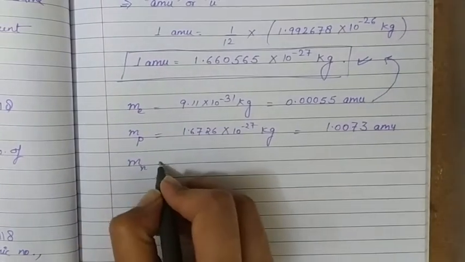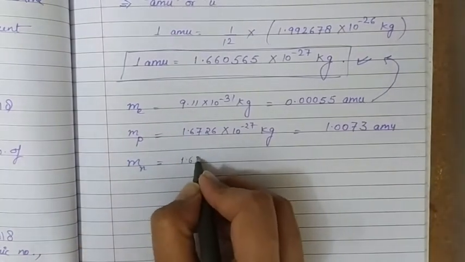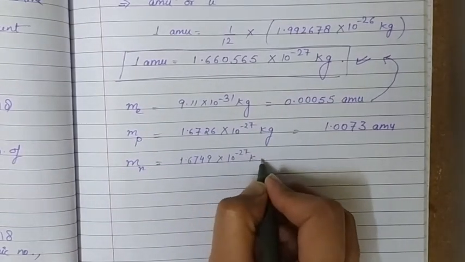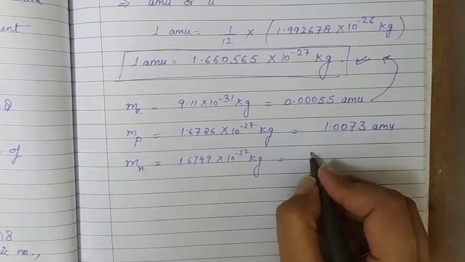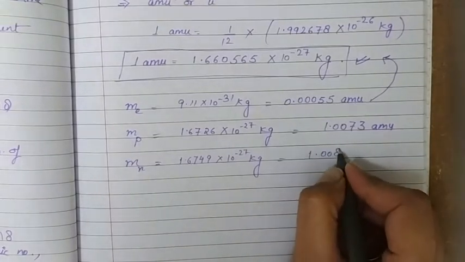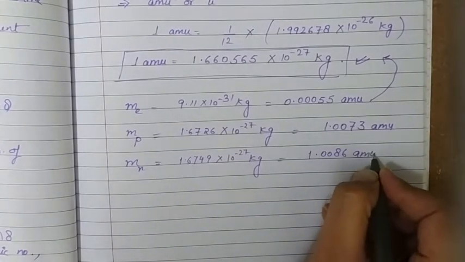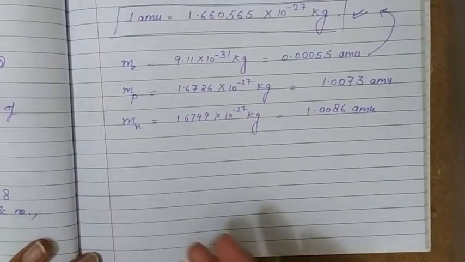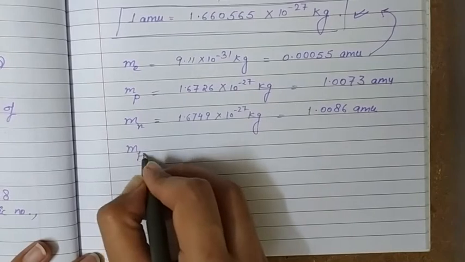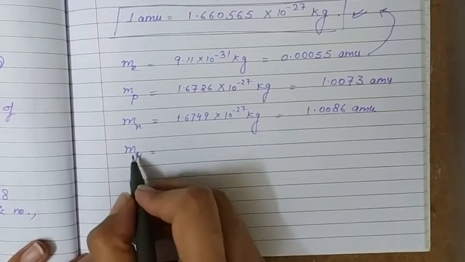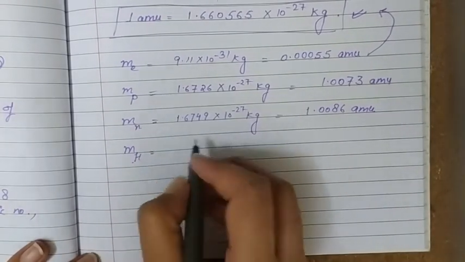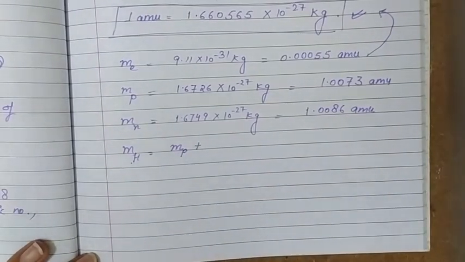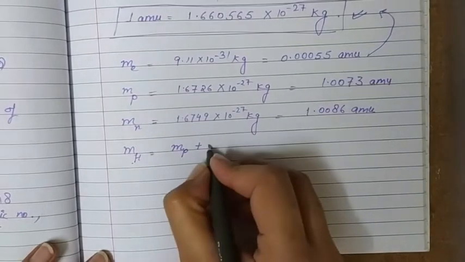And mass of neutron is 1.6749 into 10 to the power minus 27 kilogram. This is equal to 1.0086 AMU. Now, as we know mass of electron, proton, neutron, we can also find the mass of hydrogen atom, since the mass of hydrogen atom is equal to the mass of proton it has plus the mass of electron it has.